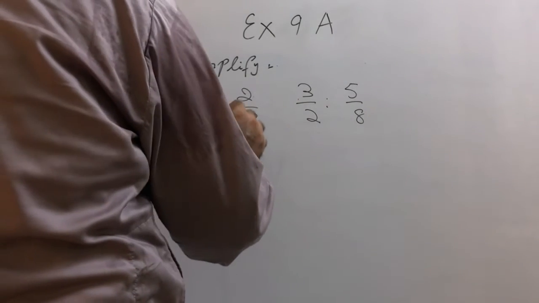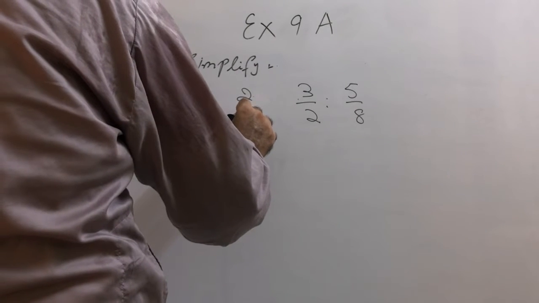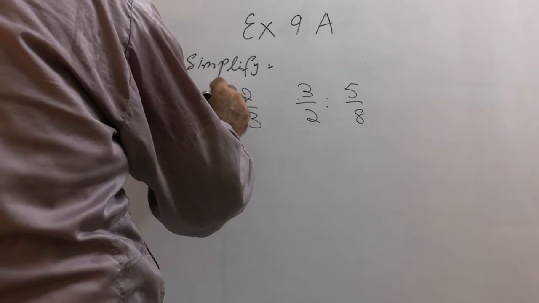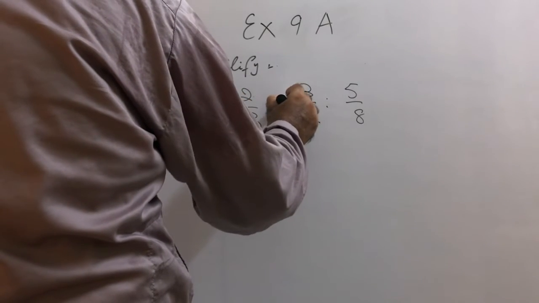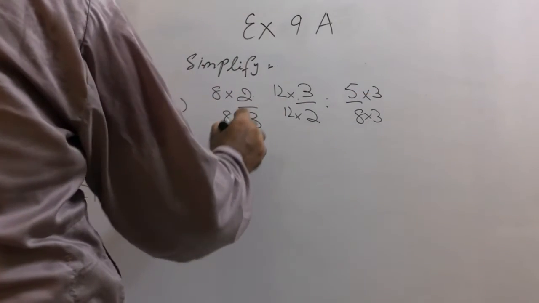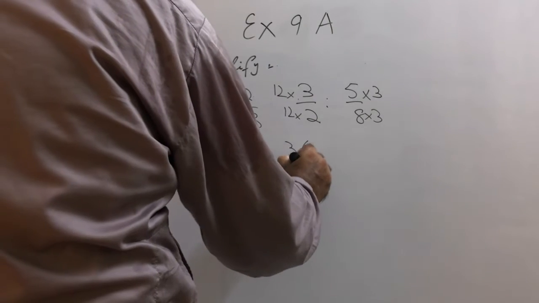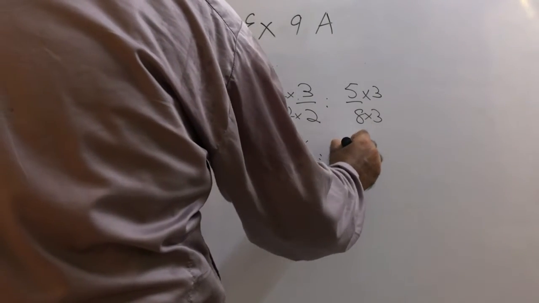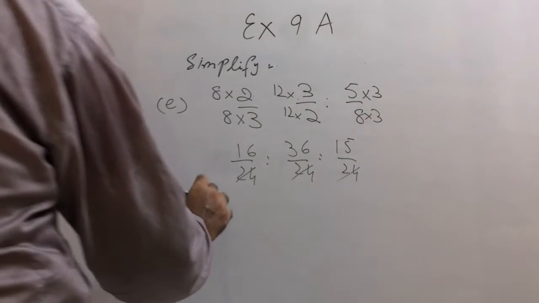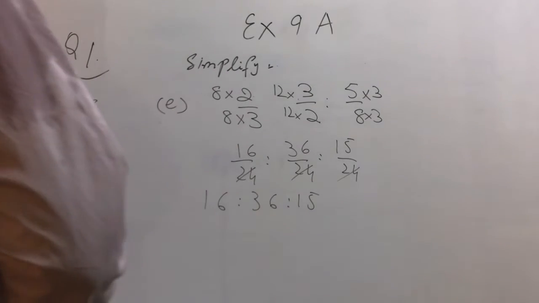So we'll be multiplying this with 8, this with 12, this with 3. So we get 8 2s are 16 over 24, 36 over 24, 15 over 24. This will be gone. So we'll be left with 16 ratio 36 ratio 15.